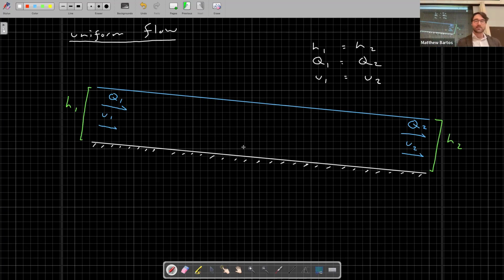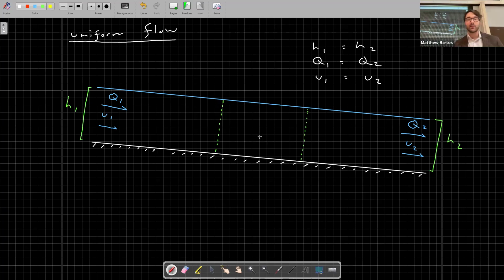So let's take a closer look at a control volume of water within this channel, and the forces acting on that control volume. Okay, so we have our control volume here. What are the forces that are acting on the water in this control volume? Gravity, very good.